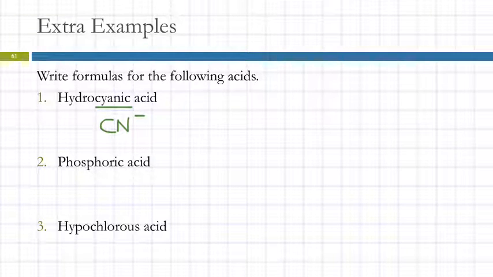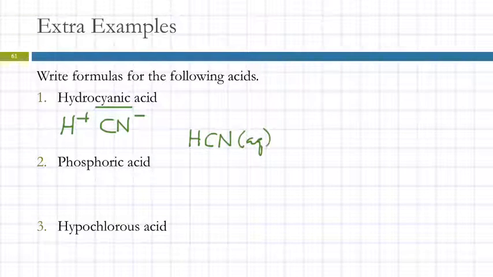So this is one that is named as a binary acid, even though there are 3 elements in it. That's why I don't like that name. So we would need 1 hydrogen to put with that, and the formula for hydrocyanic acid would be HCN, aqueous. It has a polyatomic ion in it, but it's not an oxyacid. There's no oxygen. So that's the one that's kind of confusing.